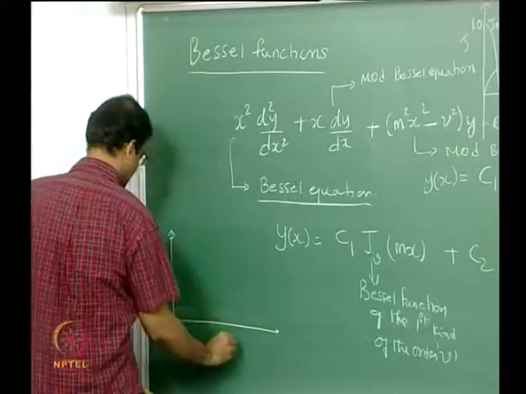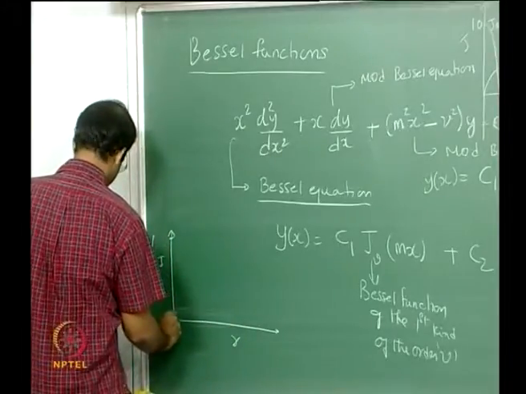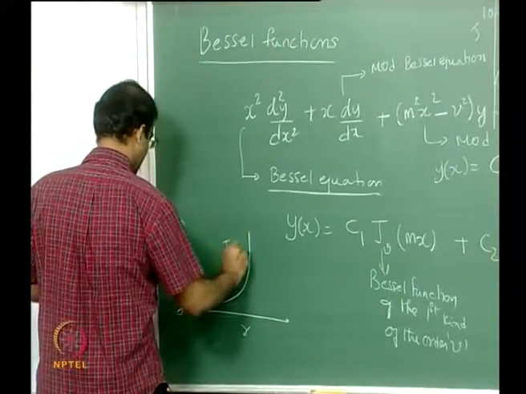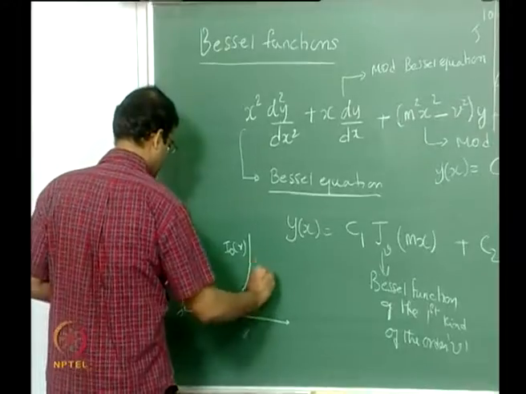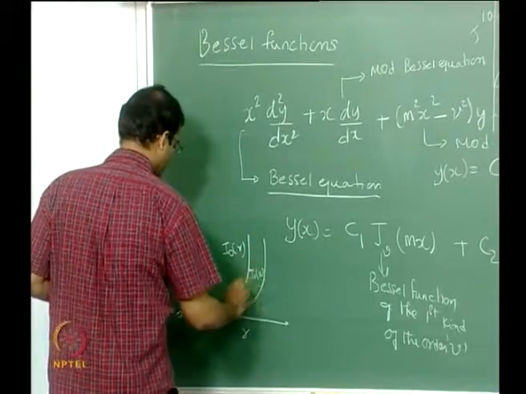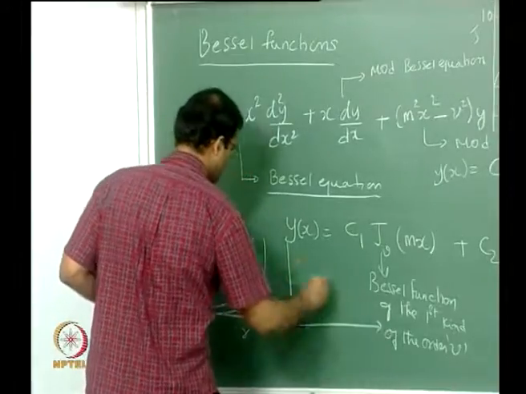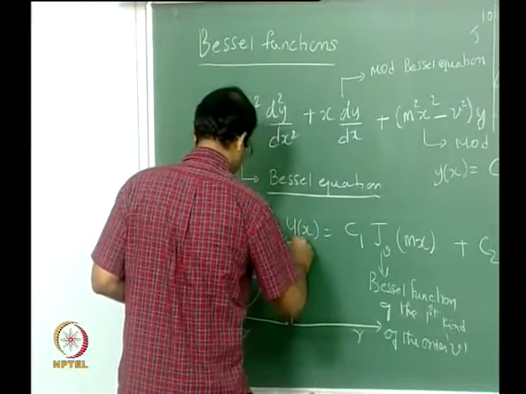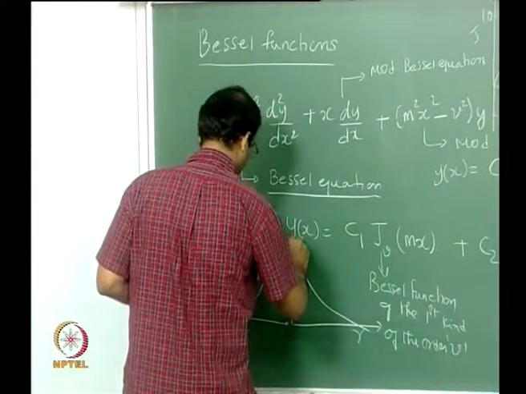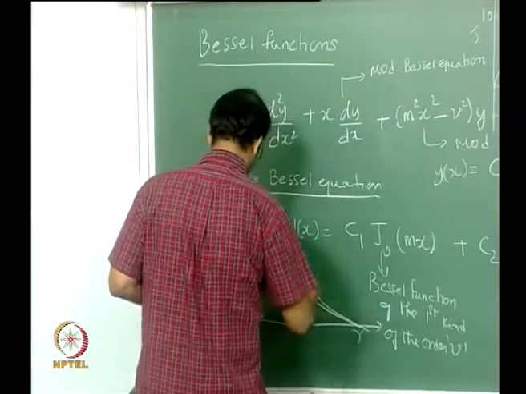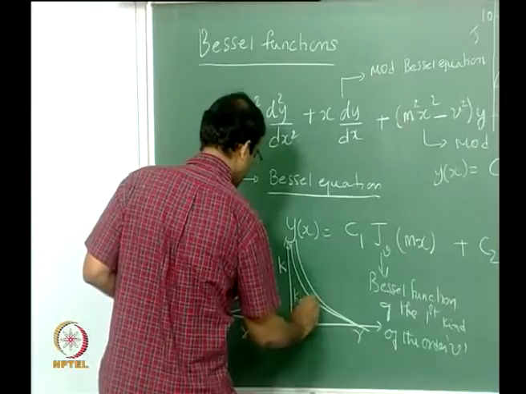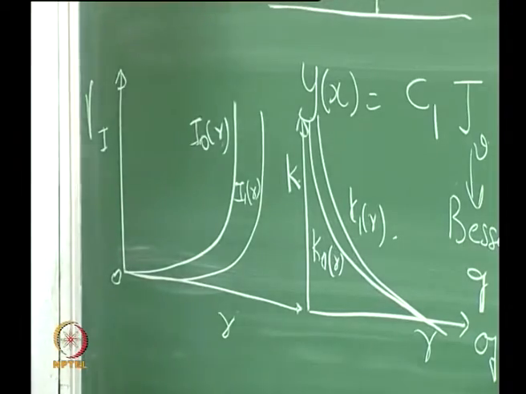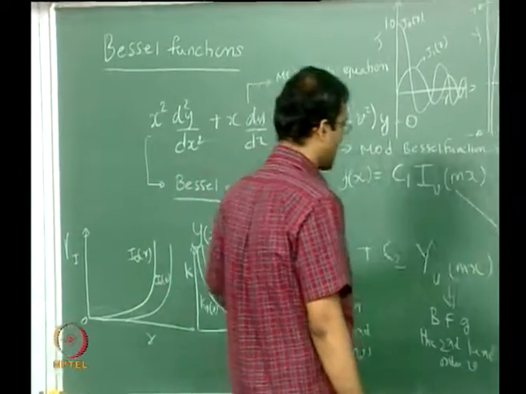So your I versus R, this will always be positive here, so this will be your I naught of R, and this will be your I1 of R. Similarly, your modified Bessel function of the second kind, that is your K function of R, this is your K naught of R, this is your K1 of R. This is just to give you an idea of how the Bessel functions behave.